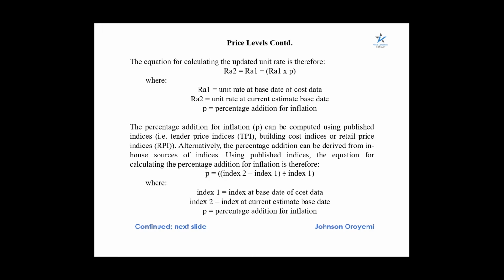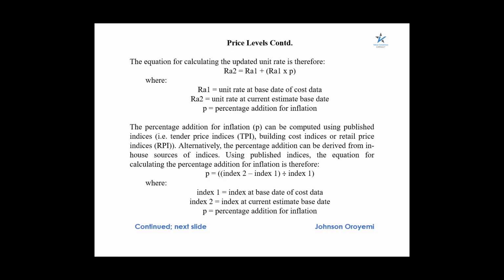Taking for instance the issue of statistics and data, cost information, or let me put it this way, indices for construction projects is not something that is popular here in Nigeria, but it can be done in-house.